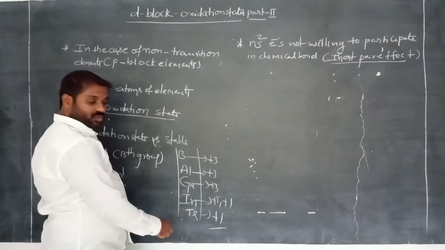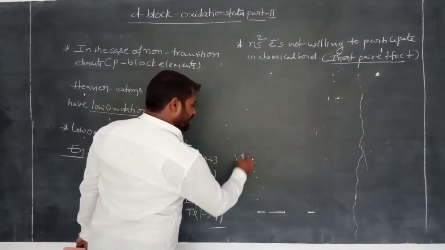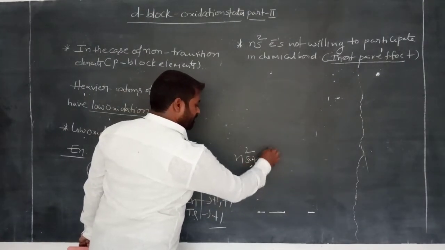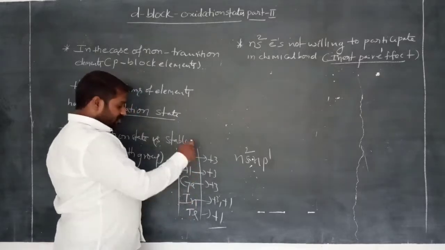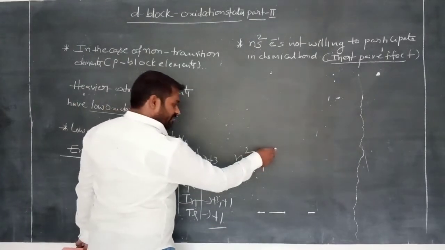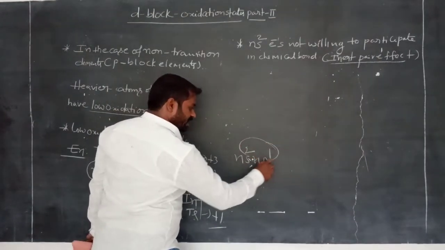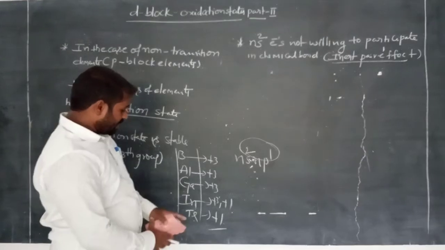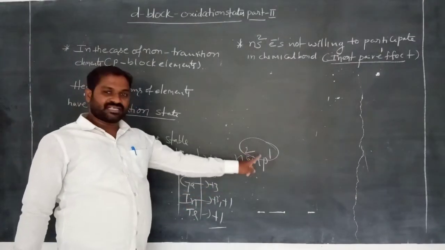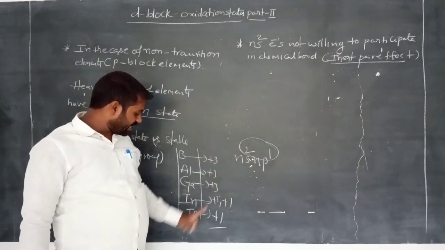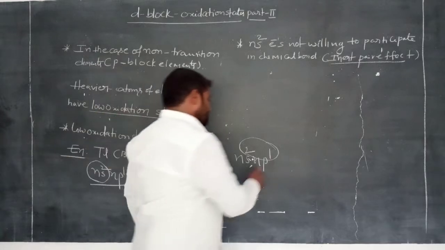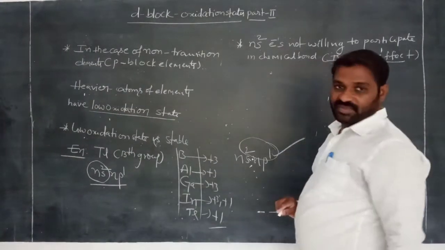In the case of 13th group elements, the general electronic configuration is ns2 np1 for all of this boron family. So the number of valence electrons in the 13th group elements is 3 only. Up to here, these 3 electrons participate in the chemical reaction. But in the case of thallium, only the p electron participates in the chemical reaction.